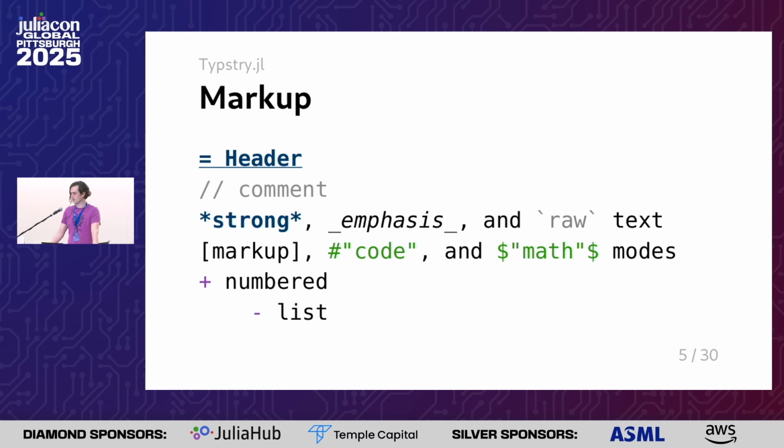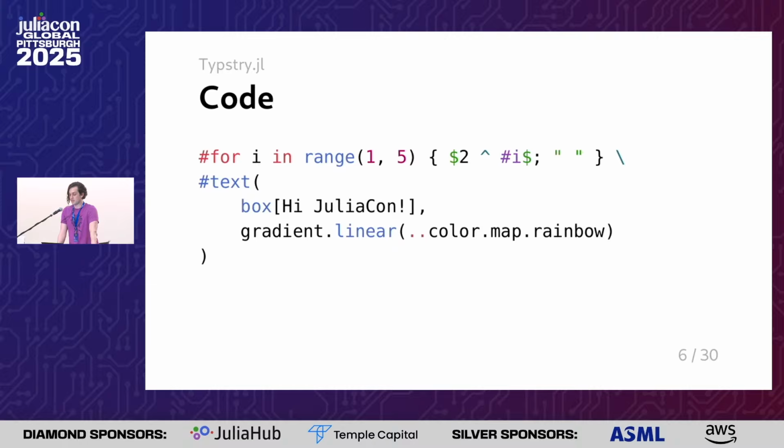Here are some examples of what it looks like. Again, it's a markup-based typesetting system, and this is an example of the markup. So we have the raw text, we have different modes like markup, code, and math, different lists. Here's an example of their code.